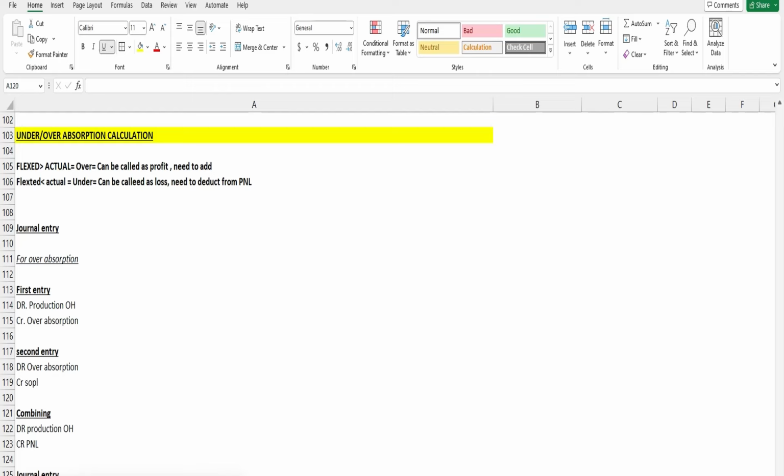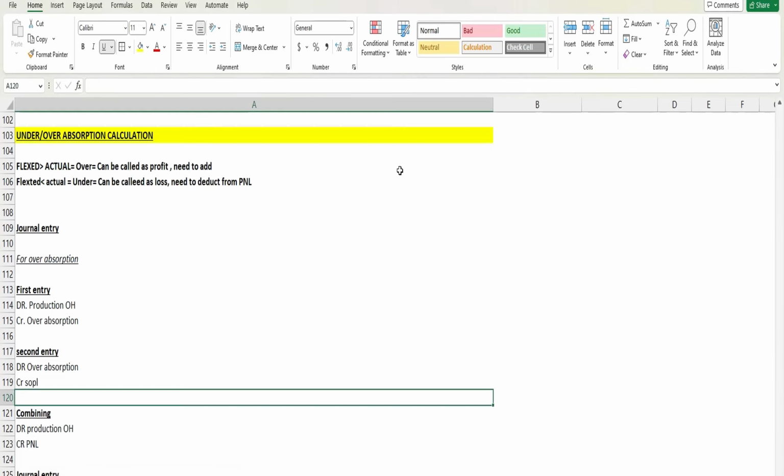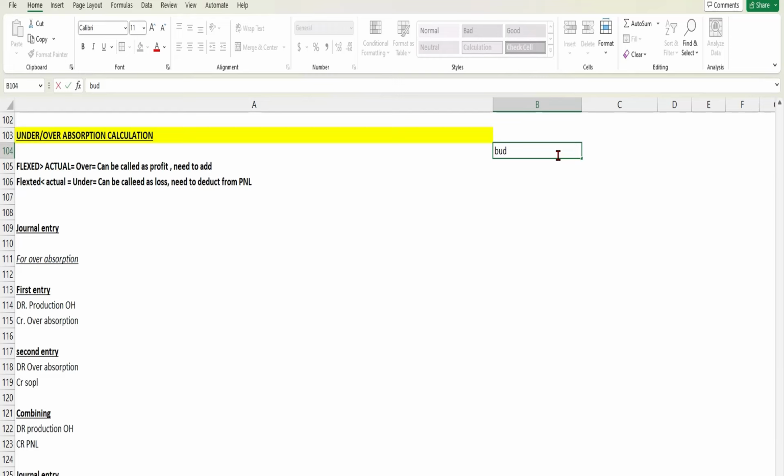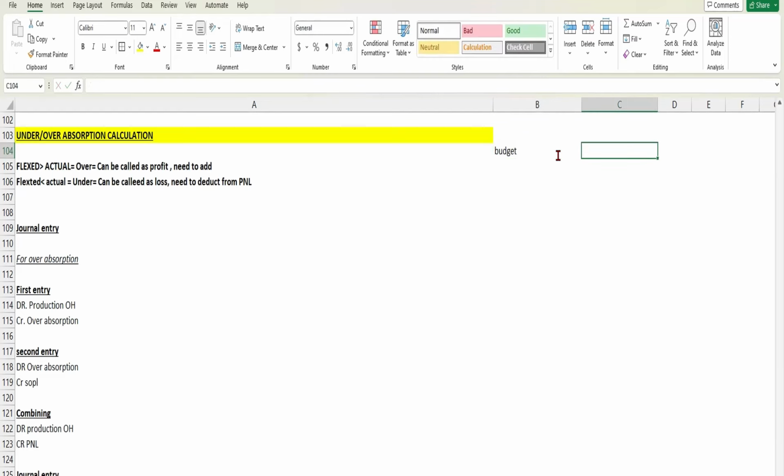If your flexed cost is greater than the actual cost, you might know how to calculate the flex budget or flex cost. Let me brief a little bit about this. We have a budgeted unit or cost, and we have an actual unit or cost.